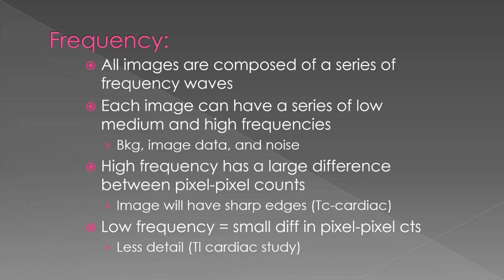Noise has a tendency to be high frequency also because it will have sharp changes from one pixel to the next, just because it's added junk or added kind of static that wasn't there before. High frequency has a large difference between pixel to pixel counts, and this would include images that have sharp edges like cardiac studies. And then low frequency has a very small difference in pixel to pixel counts, and you end up having less detail.